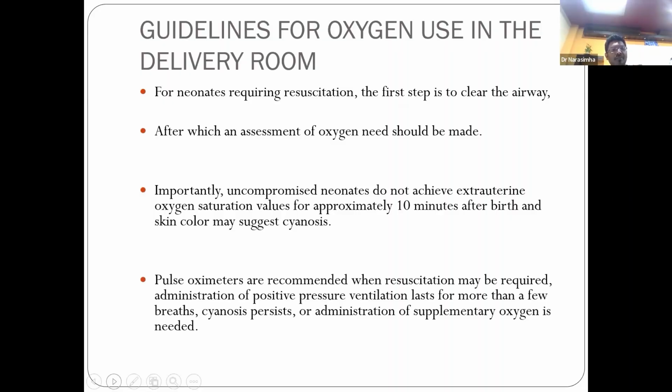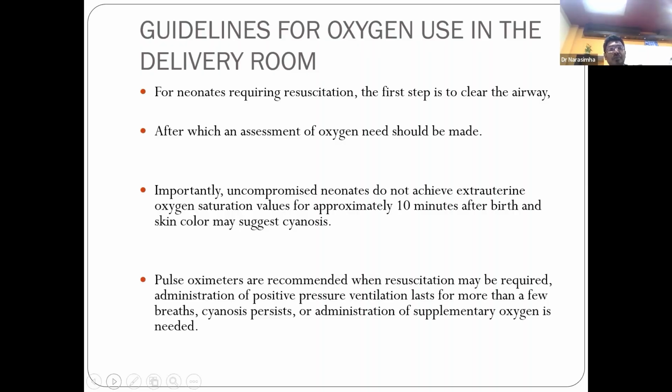For every neonate requiring resuscitation, and please mark my word, requiring resuscitation, the first step is to clear the airway. After the airway, assessment of oxygen is very important for the child. I say resuscitation because sometimes there is an uncompromised neonate, like the baby cries after birth, everything is fine, the tone is good, the child does well, and everything is well.